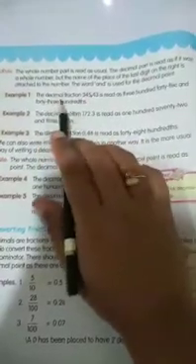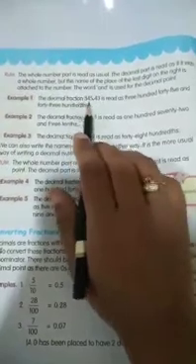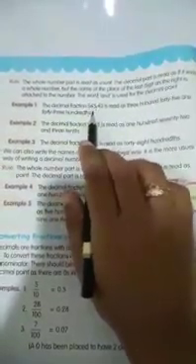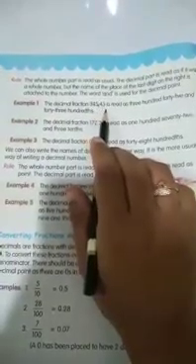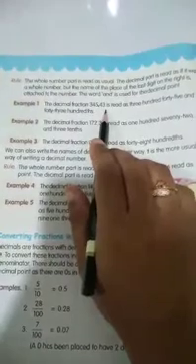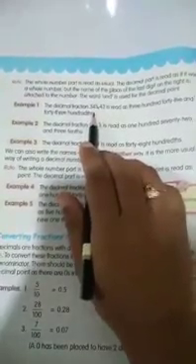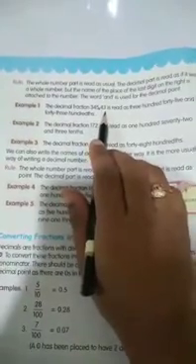The decimal fraction is read as 345 and 43 hundredths.